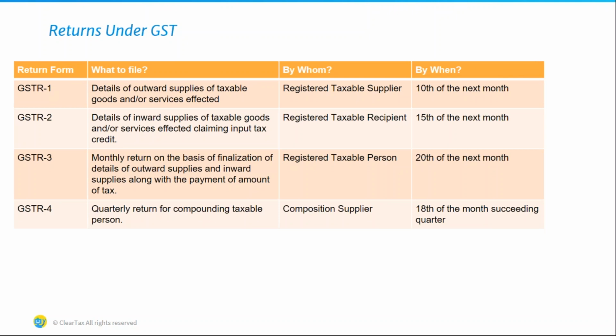Now, one thing which is important is what kind of invoices or what kind of sales you need to file here. So one, all your taxable supplies have to be covered under GSTR1, and you will also be required to declare all the sales that you have done to an unregistered person, that is your business to consumer transaction, any kind of debit or credit note that you have received on your supplies, any kind of zero rated.